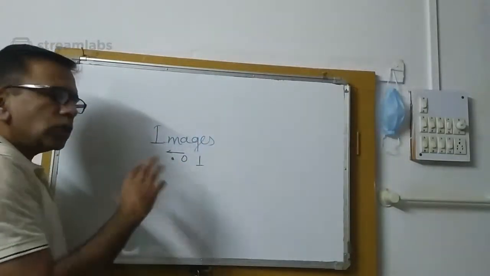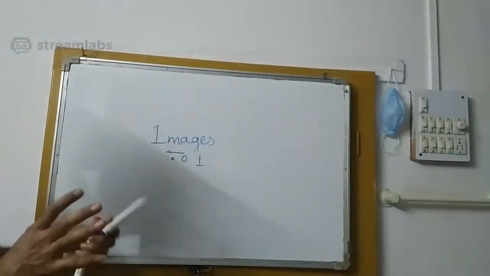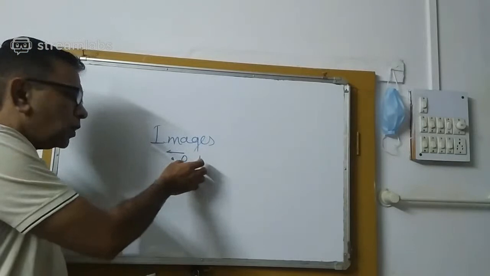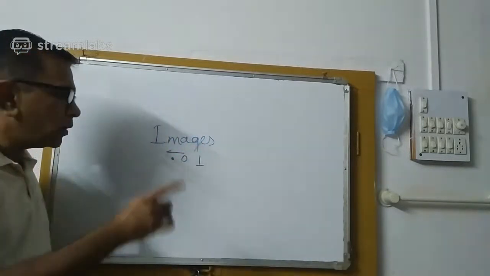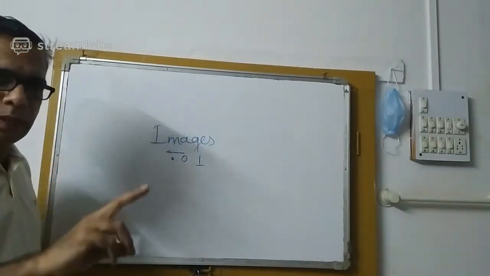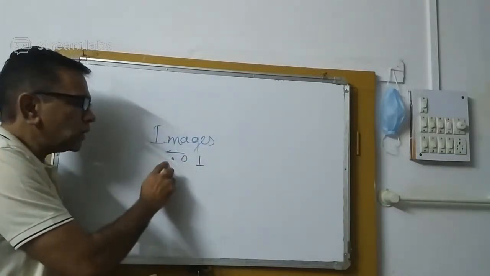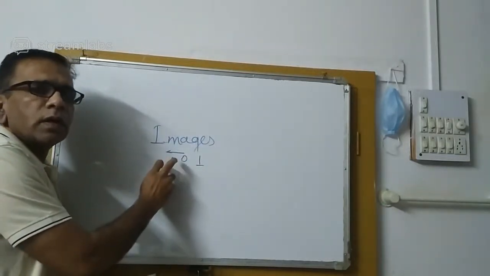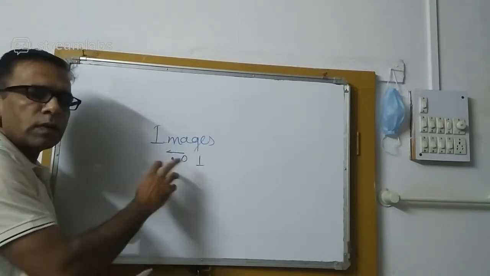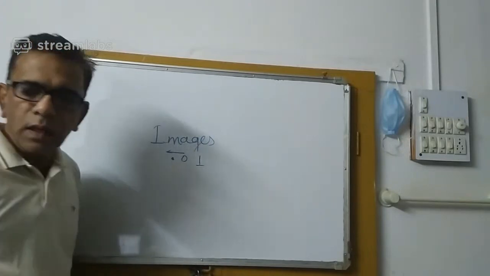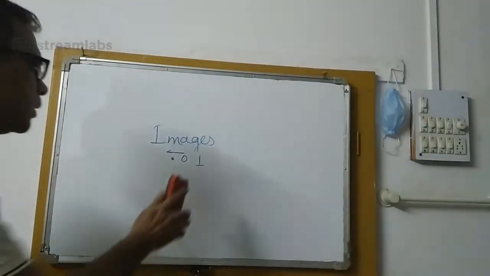So only 1 bit, with its 2 states, is meant for representation of whether the pixel is a black pixel or a white pixel.